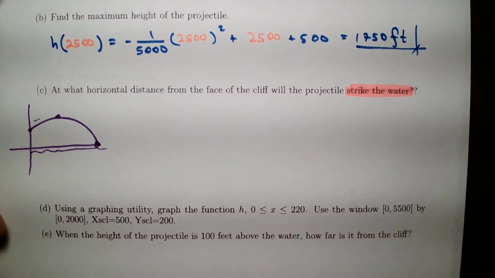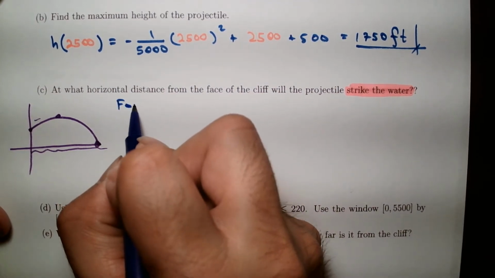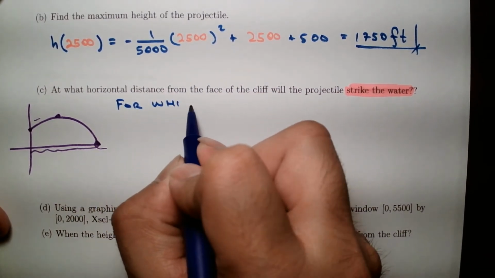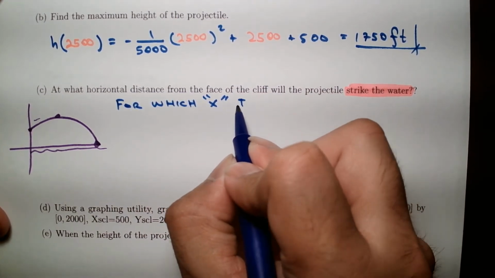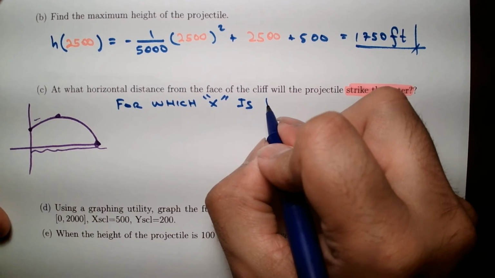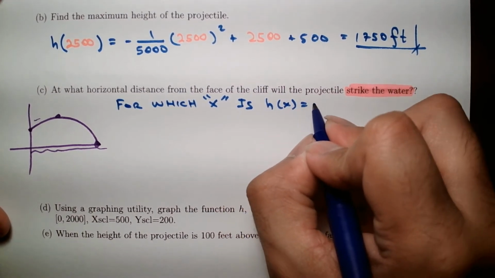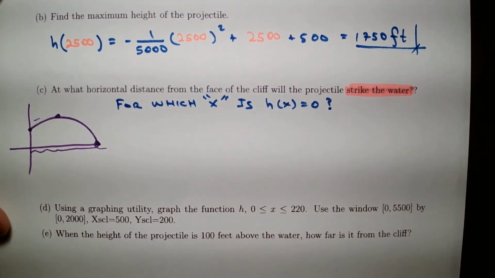So in other words, for which x is h of x, our function, equal to 0? That's the real question.